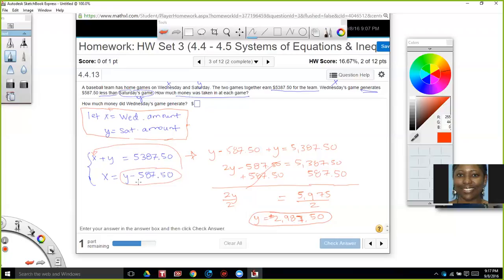Well, Wednesday is $587.50 less than Saturday. So that means that I can replace the y with this. So x would be equal to $2,987.50 minus $587.50.